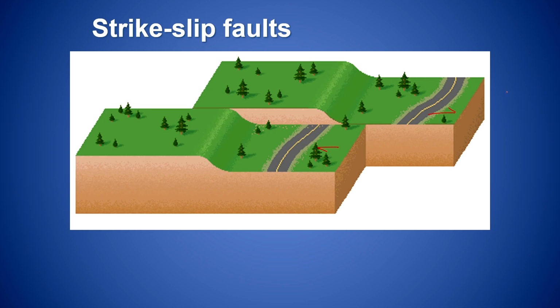As we were saying, since this plate is moving towards us, if you are standing here, or on the other side also, you will see that this is coming towards us, and the other plate is moving away from us. Okay. So this is typical of a right lateral strike slip, because this is coming towards us. Okay, so this is a right lateral strike slip.